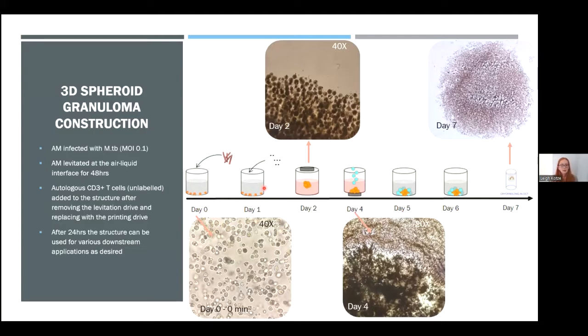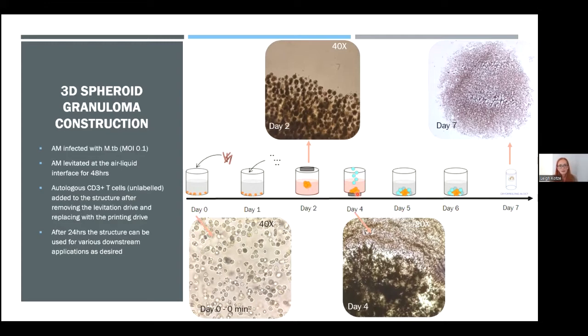This allows for the macrophages to be magnetized, and after an overnight incubation, we apply an external magnetic force to the top of the culture plate. This allows for the levitation of the macrophages off the base of the culture plate to the air-liquid interface, and allows the macrophages to interact within a 3D microenvironment.